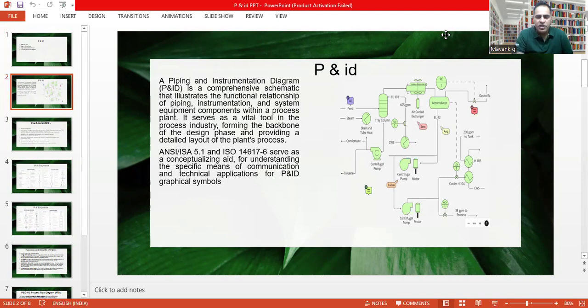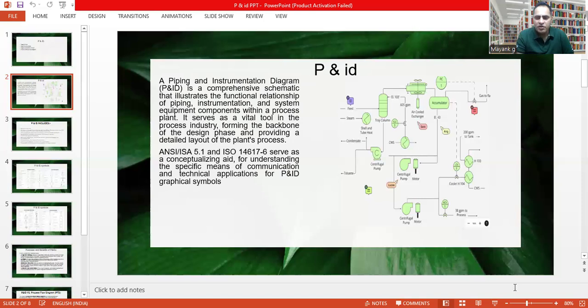So it serves a vital role, forming a backbone of the design phase and providing a detailed layout of the plant process. So basically, there are standards, the IEC standard and the ISO standard, that serve as an aid for understanding specific means of communication and technical applications of PNID in graphical symbols.